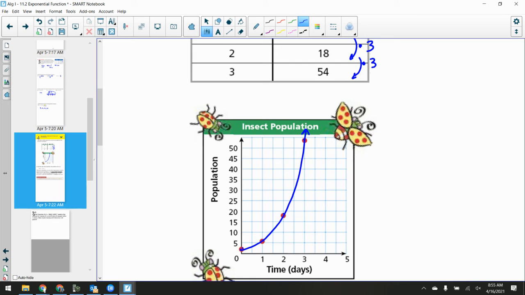An R value bigger than 1 means the sequence is going to do what? Grow. An R value less than 1 means the sequence is going to decay. So that's why they were so focused on that R value. Bigger R value means numbers are going up. If the R value goes below 1, the numbers are going to go back down.